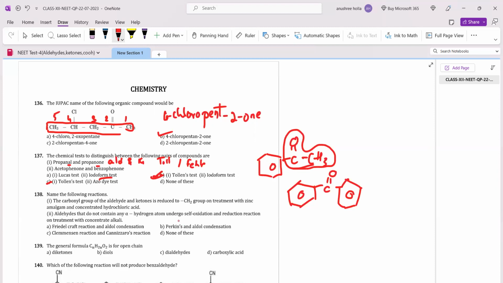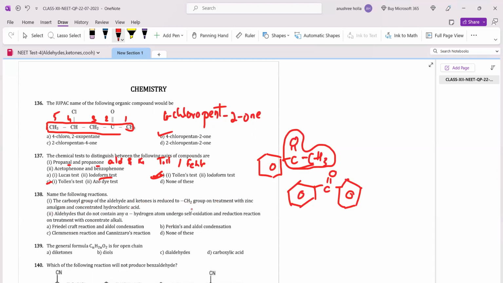Okay, next question. Name the following reactions. Okay, they have given the statements of 2 reactions. Now we have to find out which reactions these statements describe. The carbonyl group of aldehydes and ketones is reduced to CH2 group on treatment with zinc amalgam and concentrated HCl.